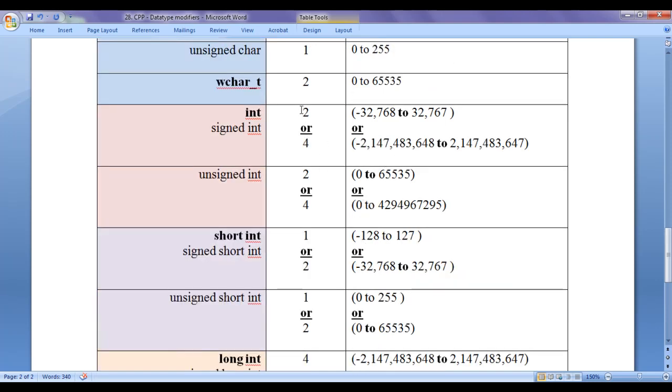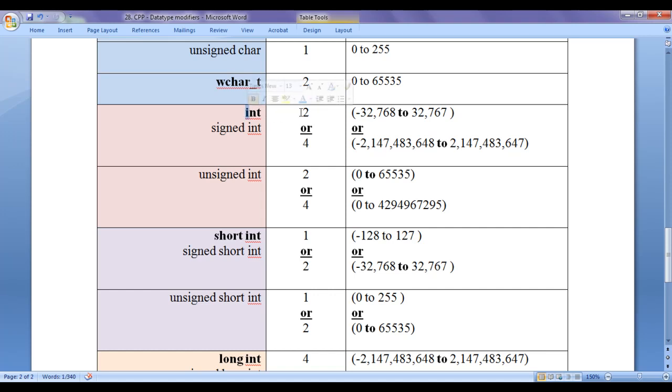If your computer allocates 2 bytes of memory for integer type data, then it allocates 1 byte memory for short int type data guys. If your computer allocates 4 bytes of memory for integer type data, then computer allocates 2 bytes of memory for short int type data. It halves the size guys.